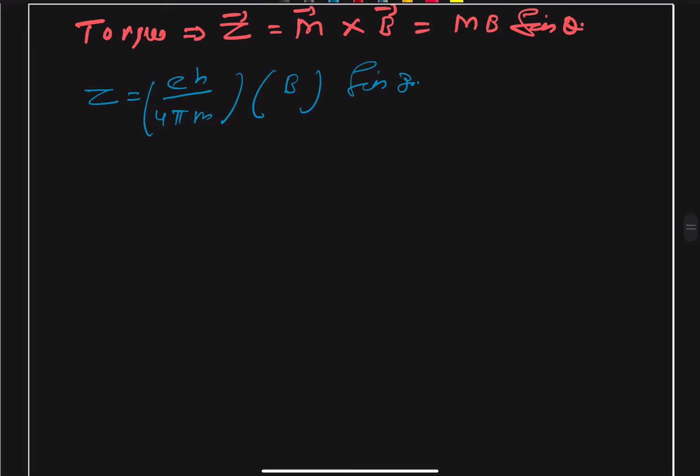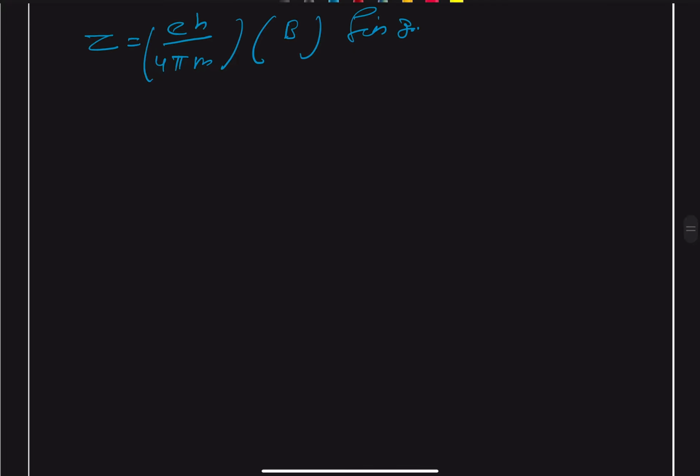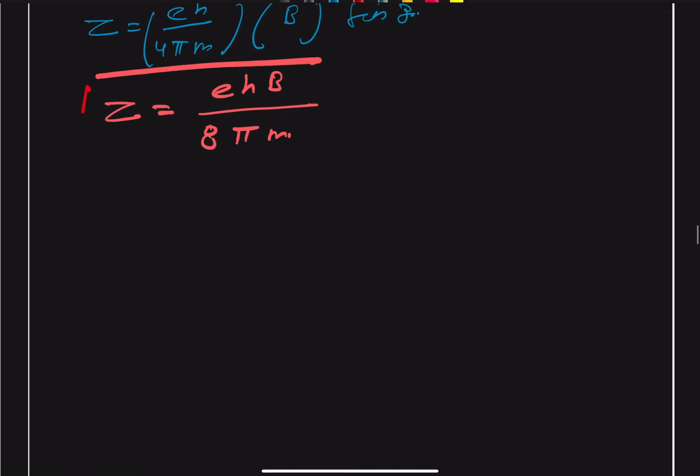Therefore the torque will be equal to eHB, sine 30 is 1 by 2, so this comes as eHB upon 8 pi m. So this is our torque, and the direction of the torque will be perpendicular to the plane formed by both M as well as B.